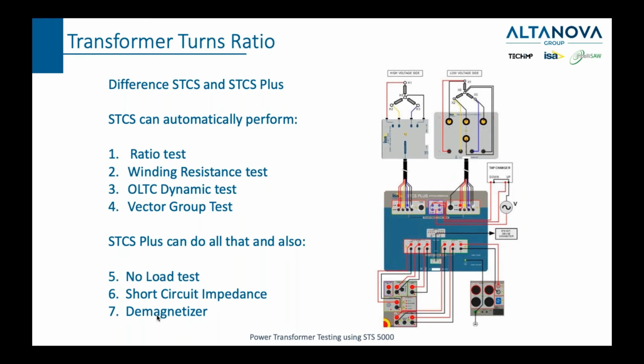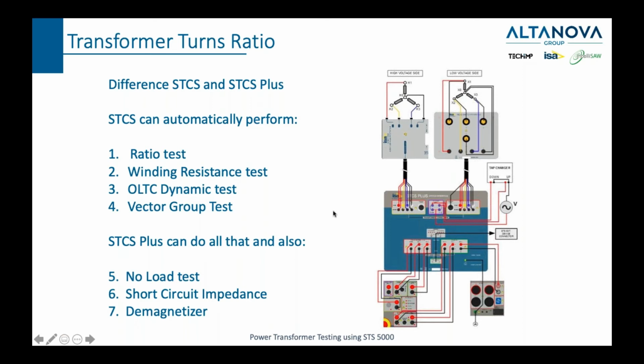So demagnetizer is built in STCS Plus, and with STCS Plus, you can execute 7 types of tests. To be more correct, 6 tests and demagnetization, because demagnetization effectively is not a test, but still it is an essential thing which you need to perform after testing winding resistance.